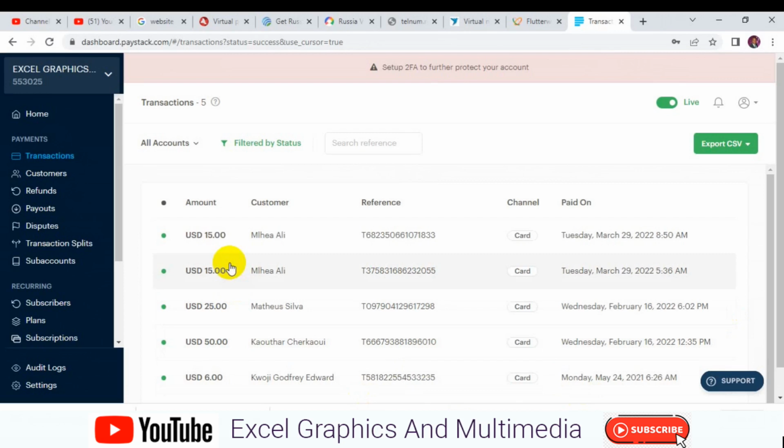But one problem here is that you must have a domiciliary account, especially if you are a Nigerian. A very good thing about Paystack is that they helped me create a USD account.